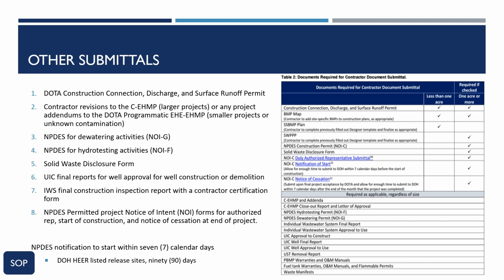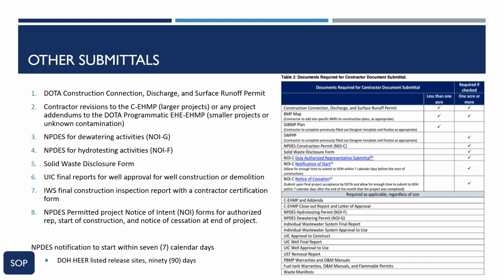3. NPDS for dewatering activities, NOI-G. 4. NPDS for hydrotesting activities, NOI-F. 5. Solid waste disclosure form. 6. UIC final reports for well approval for well construction or demolition. 7.